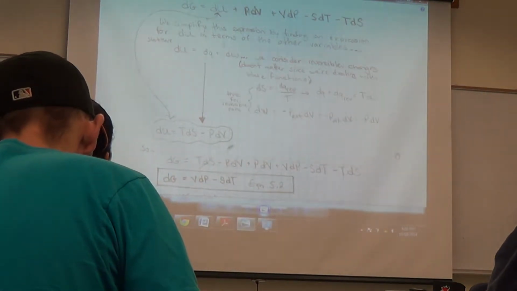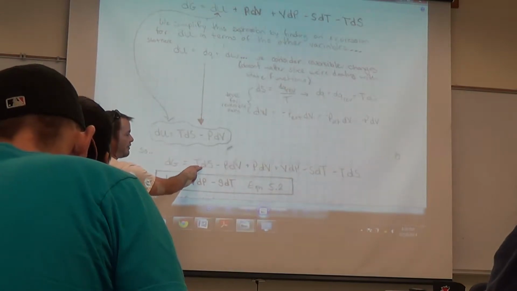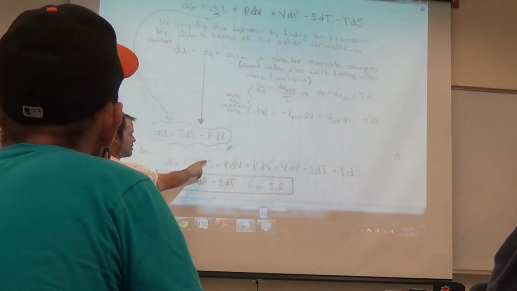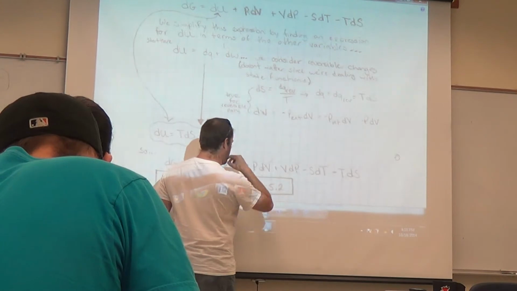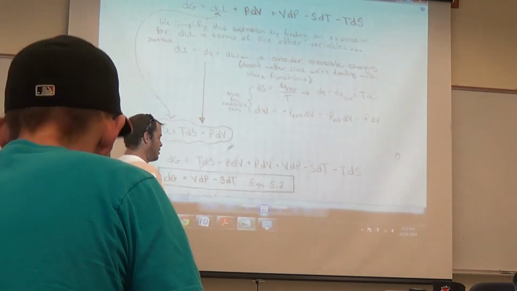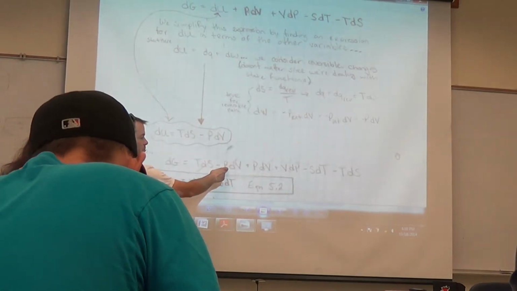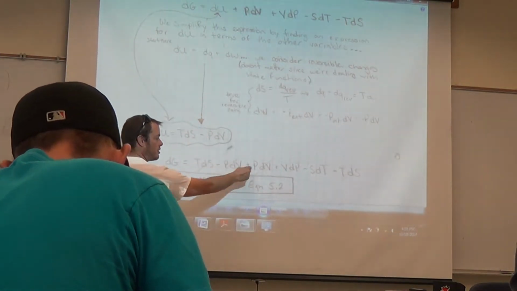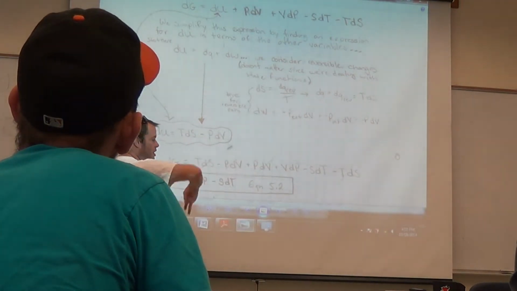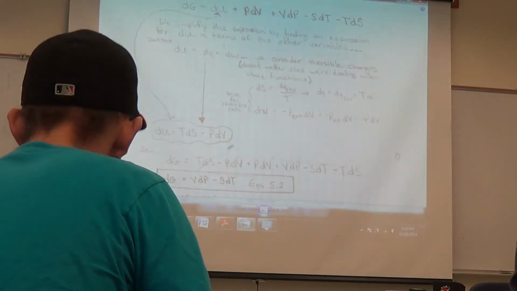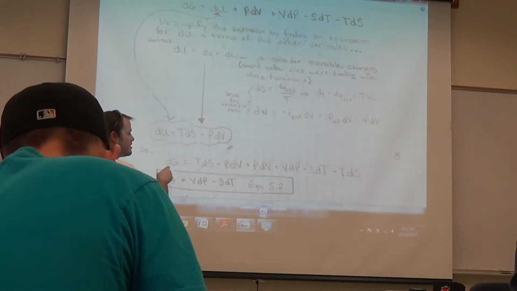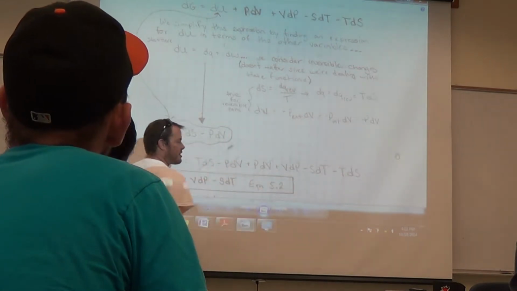But you'll notice that the TdS that we got from the du term cancels with the TdS term over here, right? The PdV term from the differential of u cancels with the PdV term there. Those two terms go away. And we're left with an expression that says that dg is equal to vdp minus sdt.